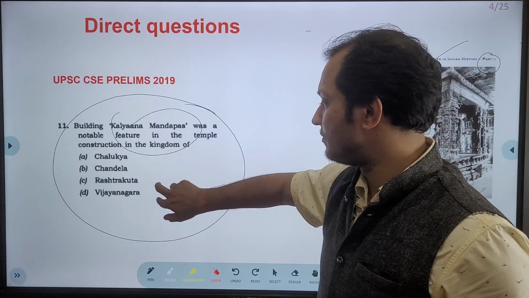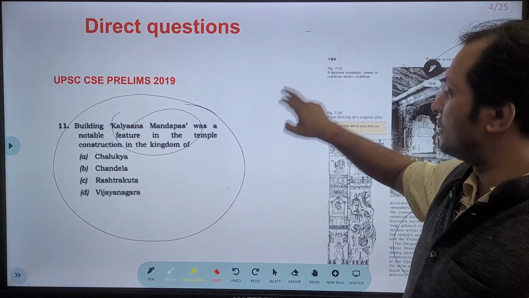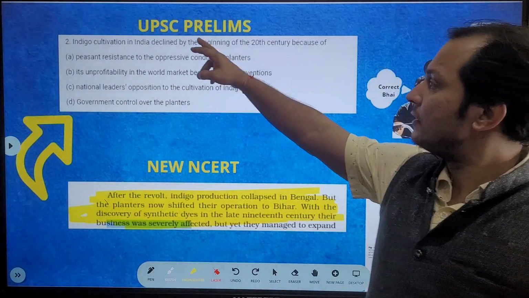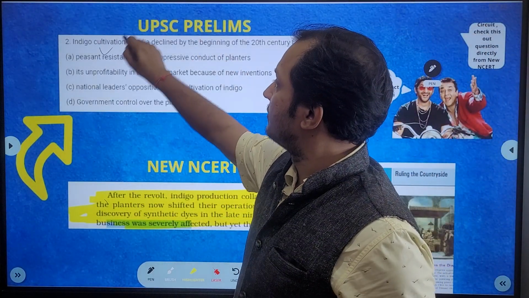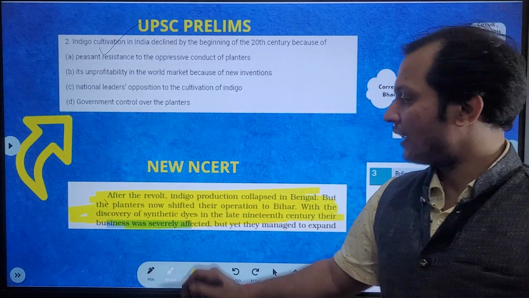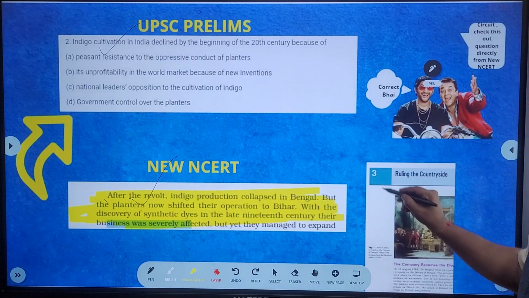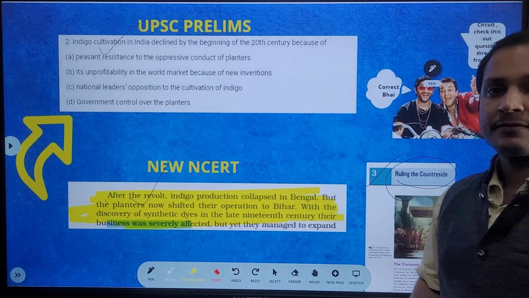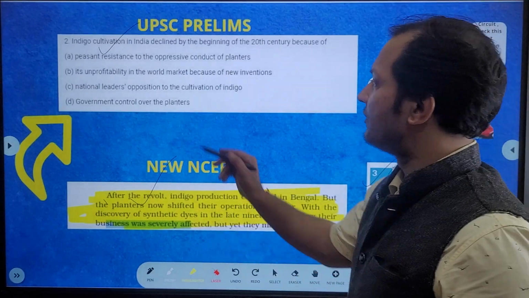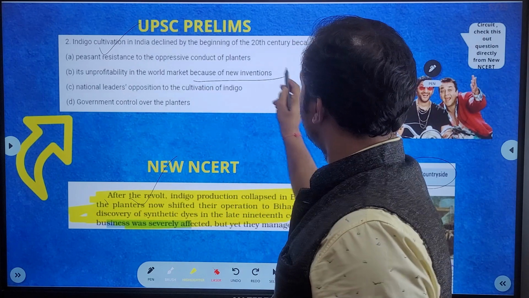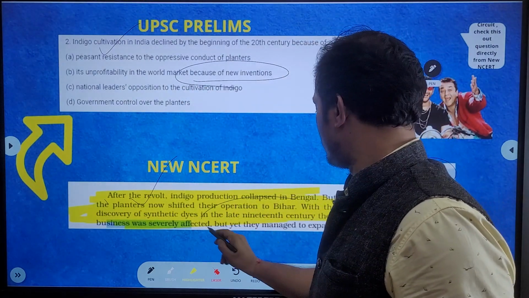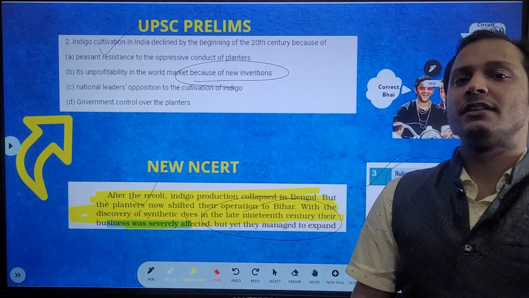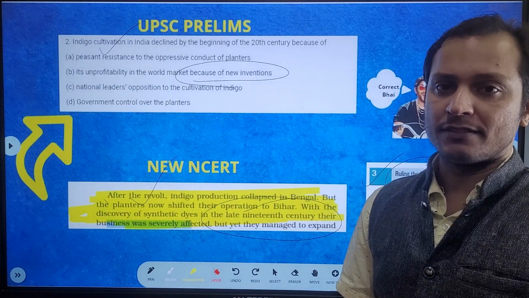Let me show you more. You can see this question, indigo cultivation, directly from the new NCERTs, chapter Ruling the Countryside. Even word to word, questions have been framed from the new NCERTs.